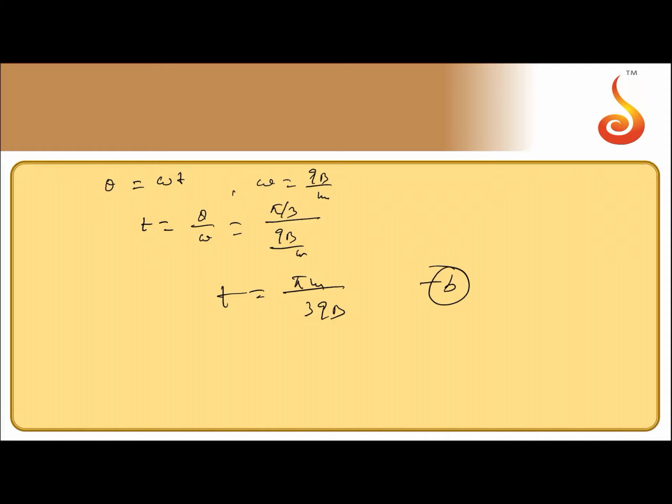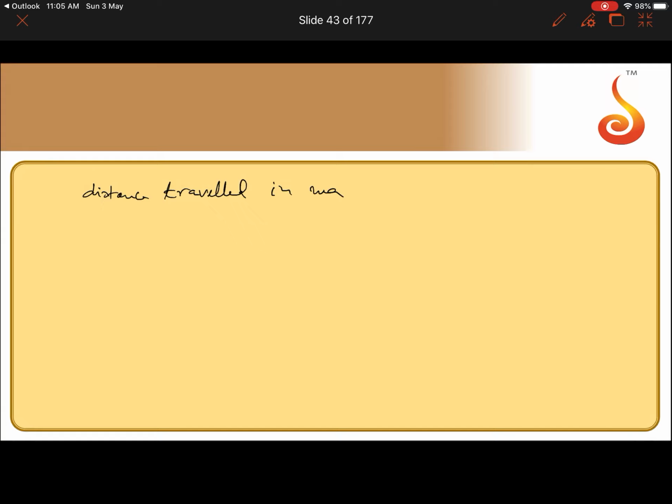And one more is distance travelled in the magnetic field. Distance travelled in the magnetic field is just a circular arc that is subtending an angle of pi by 3.